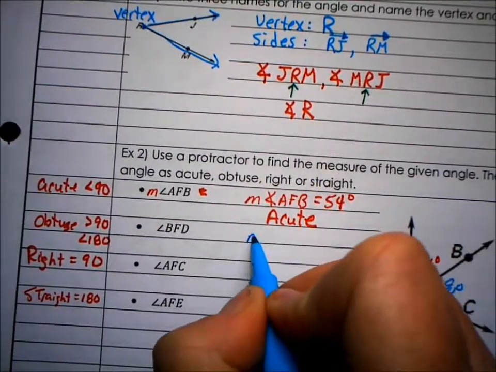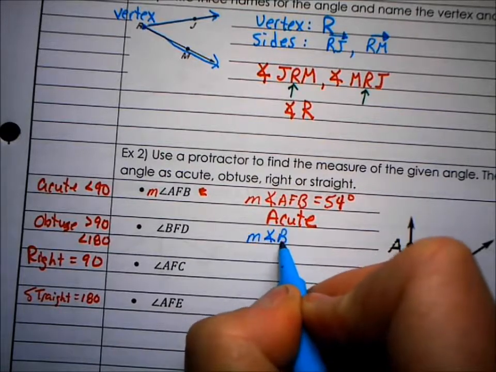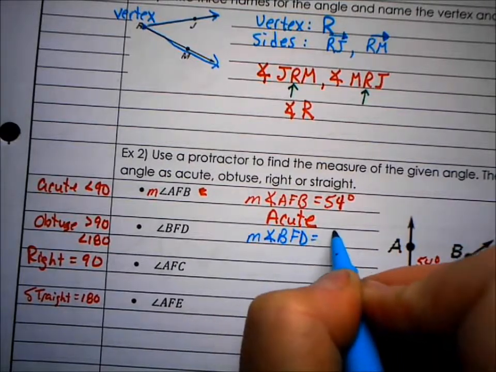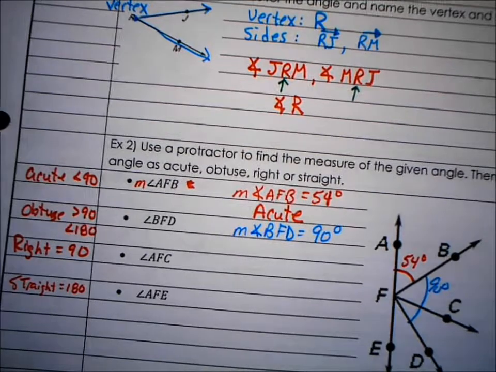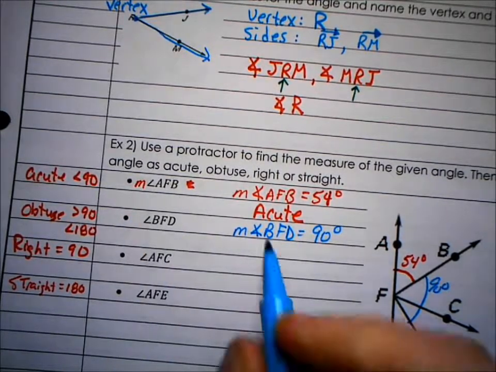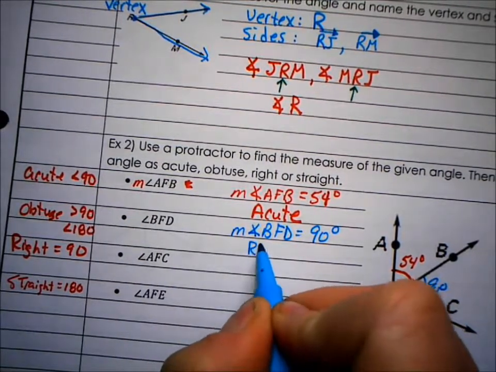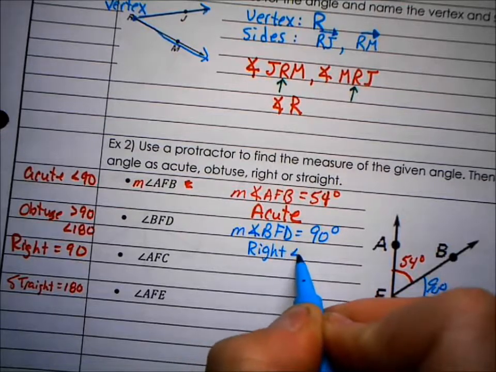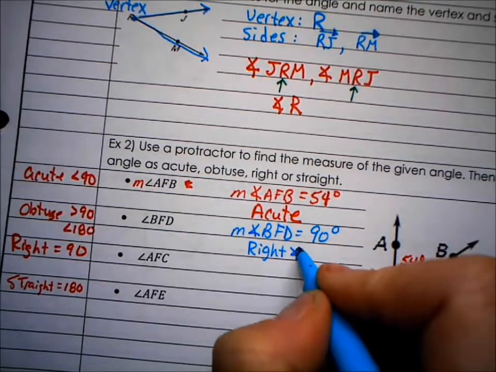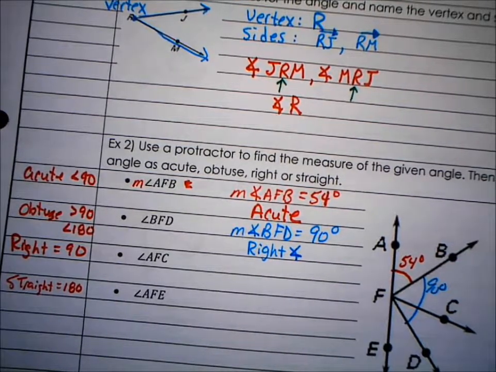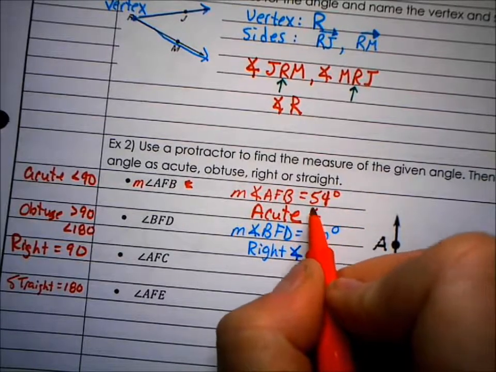Okay, so the measure of angle BFD equals 90 degrees, which is what kind of an angle? Okay, that is a right angle. I forgot to put angle on the other one.